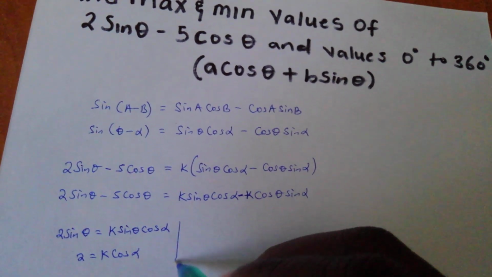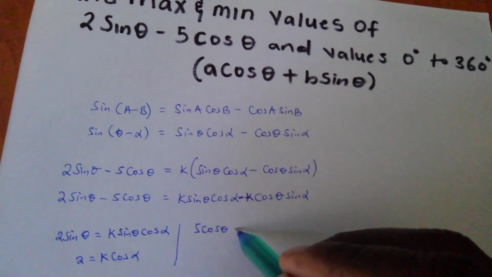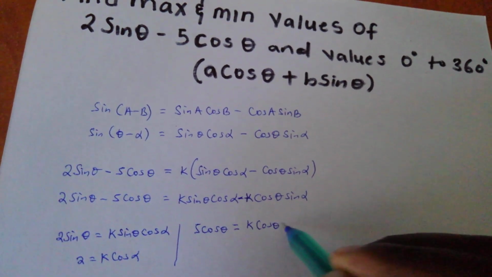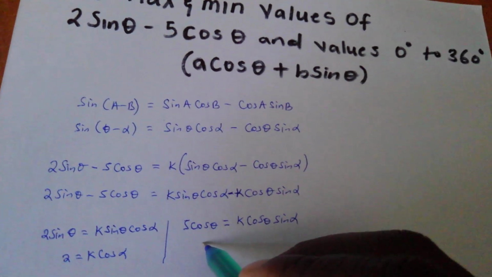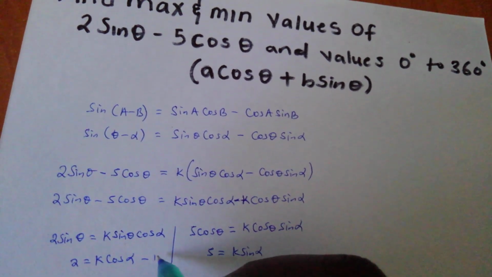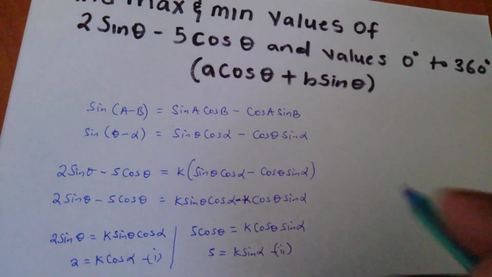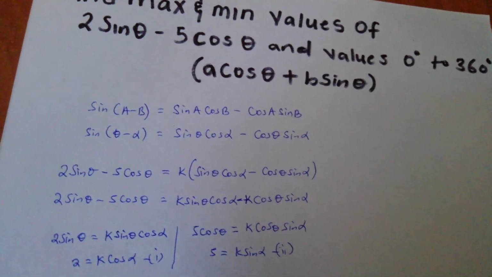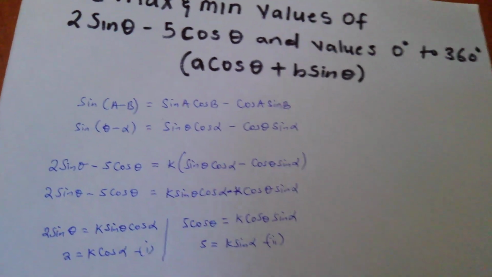And on the other side I'll be able to get 5 cos theta equal to k cos theta sine alpha, of which I'll be able to get 5 equals k sine alpha. If this is my equation 1 and this is my equation 2, dividing equation 2 by 1, I'll be able to get tan alpha equals 5 over 2.